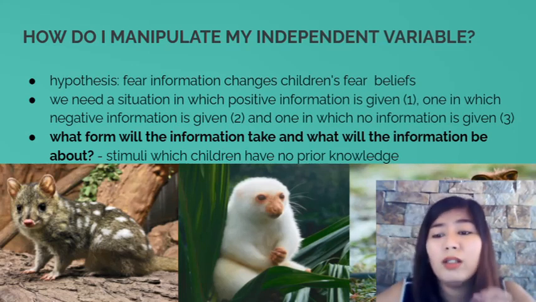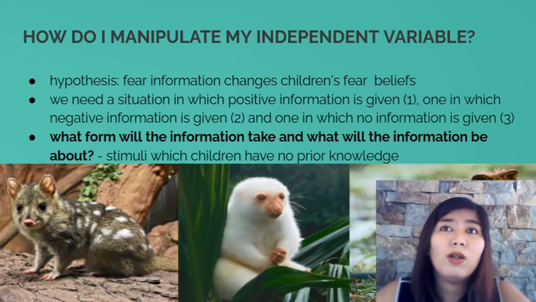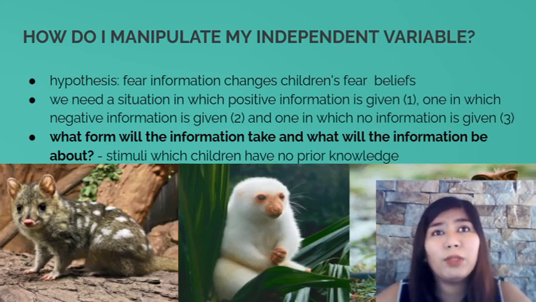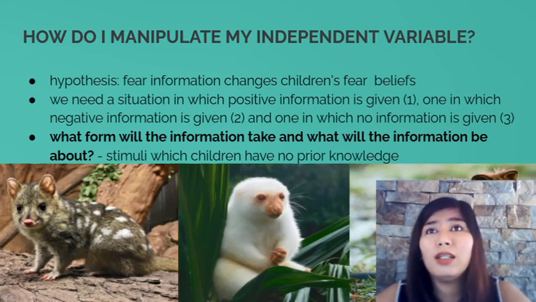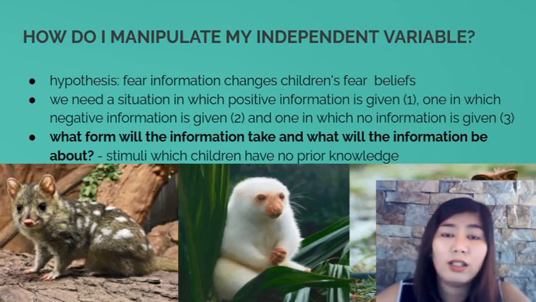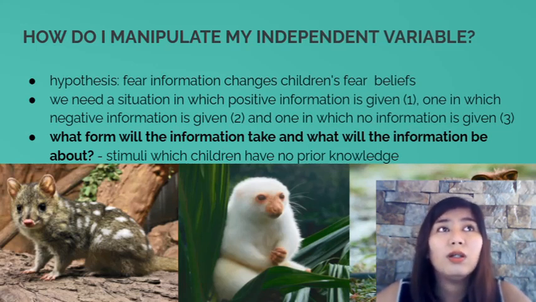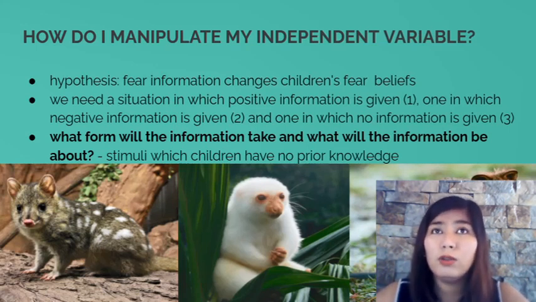Having prior knowledge about them would confound or tamper with the information processing that is very crucial in the experiment. So they need to manipulate what kind of information to deliver to children, in a way that they can make a negative or positive judgment.